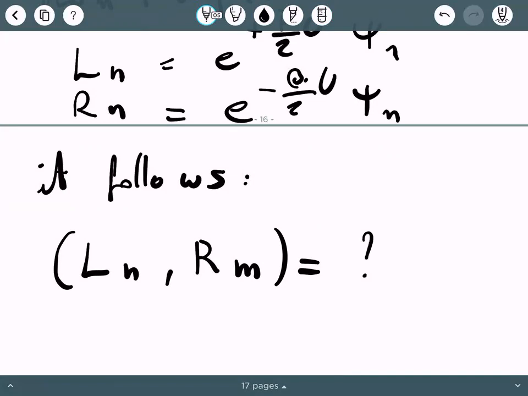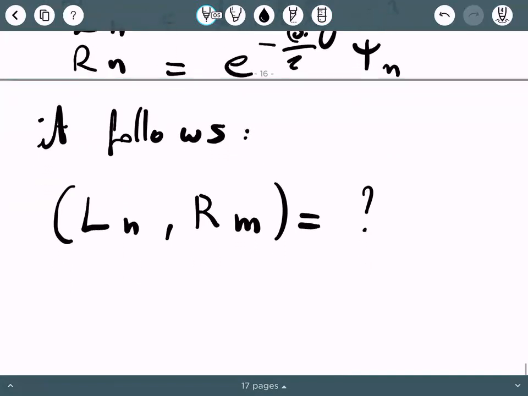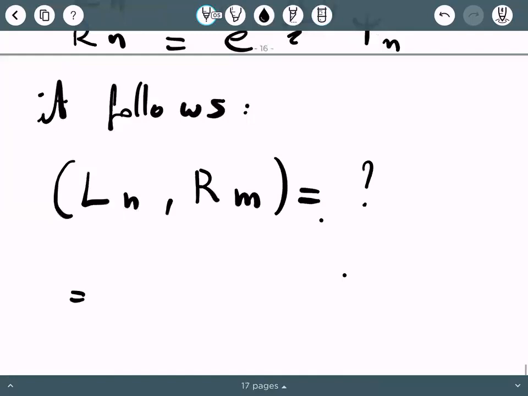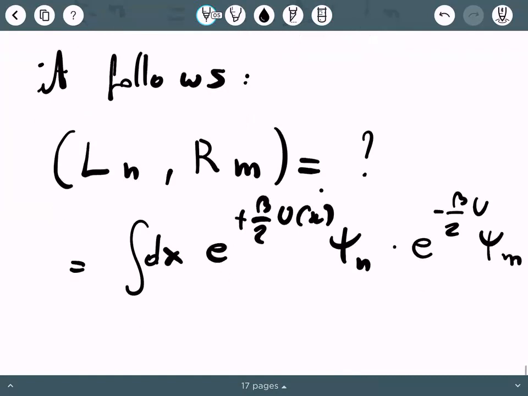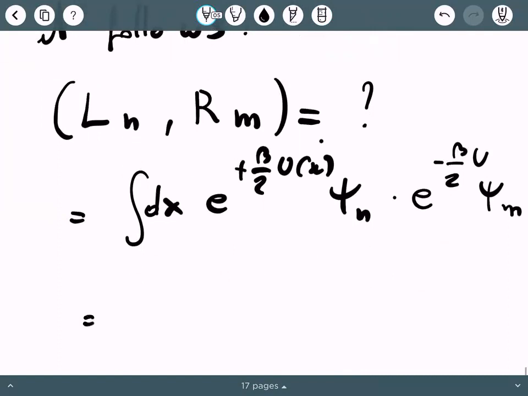I guess the scalar product between the states. Yep, so let's try. Correct? I just applied the definition. So who tells me what this is? What is this integral?